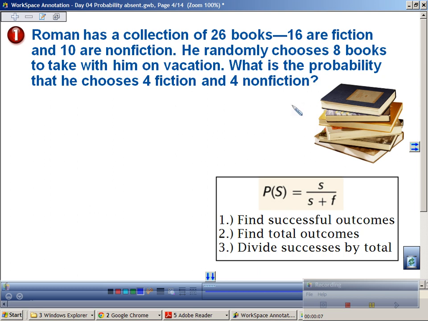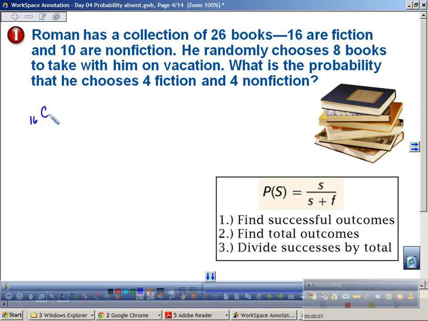First of all, we can ask ourselves, does order matter here? He's just choosing books. He's not putting them on a bookshelf. He's just choosing. This would be a combination. So how many different choices or possibilities would be, let's see what they're asking us, 4 fiction and 4 nonfiction? So from what we did yesterday, if I were to be talking about fiction, I would say, well, there's 16 total fiction books.